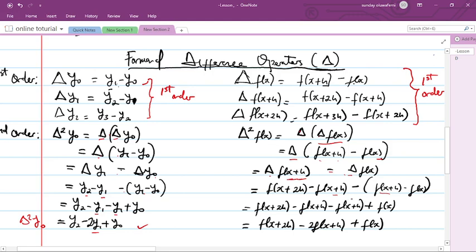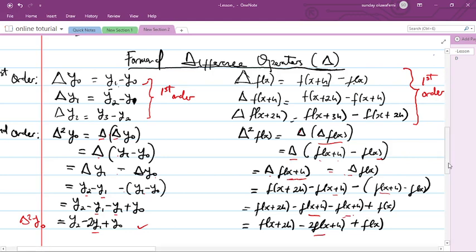So by the time you use this minus to open the bracket, you are going to have f of x plus 2h minus f of x plus h minus f of x plus h plus f of x. So then we have f of x plus 2h minus this and this, that gives us minus 2 f of x plus h plus f of x.